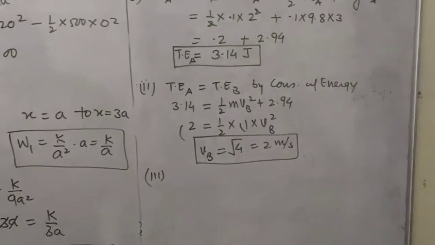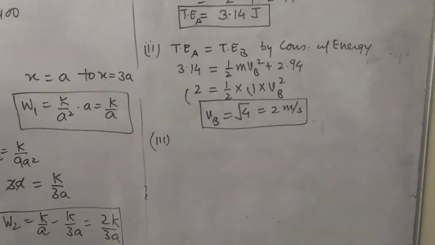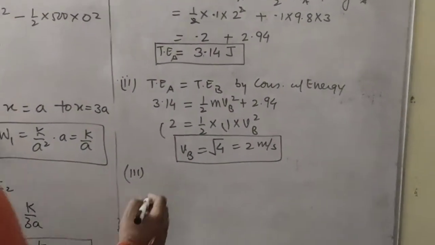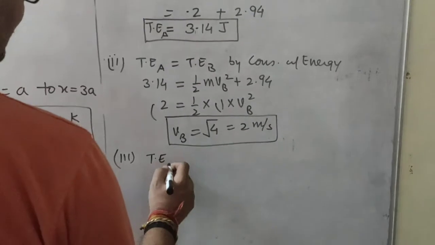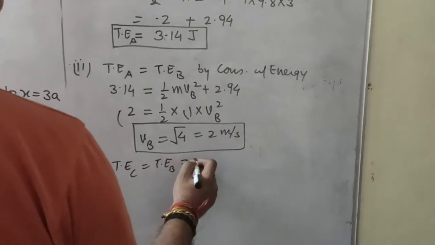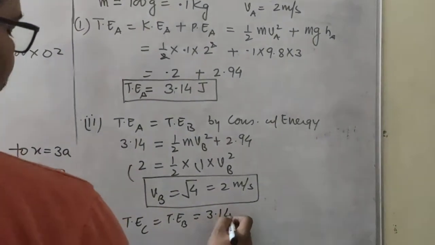Now the third part. What is the kinetic energy of the ball at C? So here again, total energy at C is equal to total energy at B, that is 3.14.